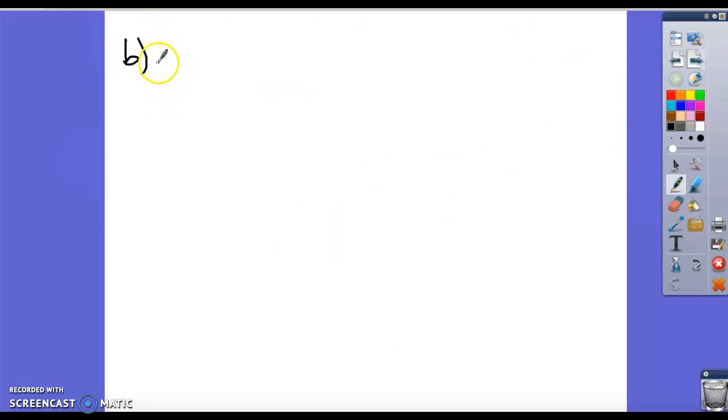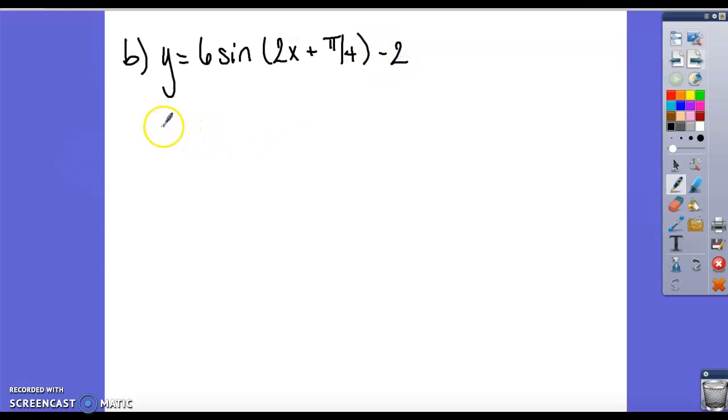Okay, let's look at letter B. y equals 6 sine of 2x plus pi over 4 minus 2. To write this in standard form so that I can pull out that phase shift, I always have to factor out the number in front of x. The number in front of x is 2, so I need to factor out 2 from this expression.